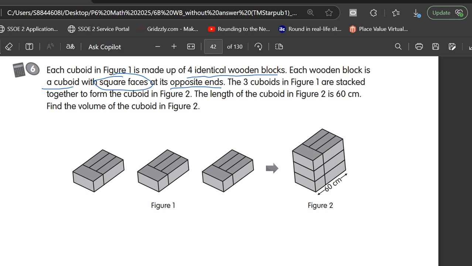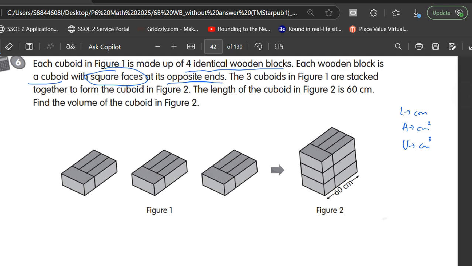We have learned so far that length is in cm, area is in cm squared, and volume is cm cubed, because 3 dimensions, 3 measurements multiply together, cm times cm times cm.